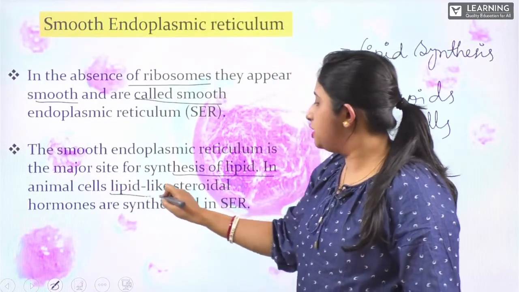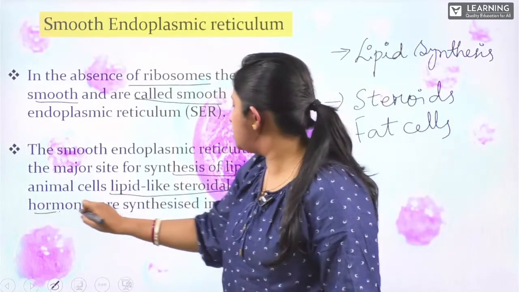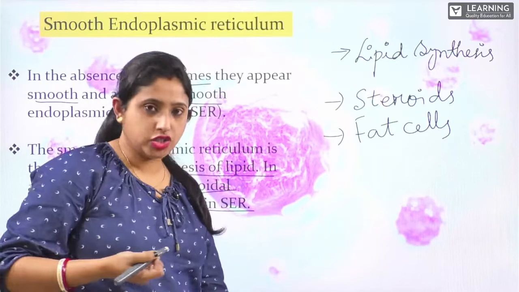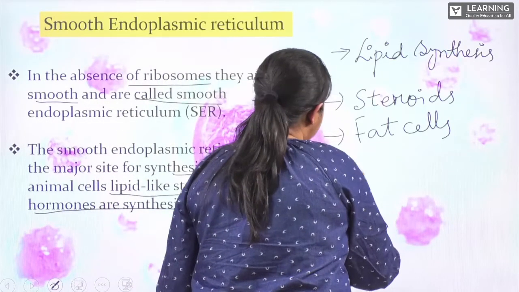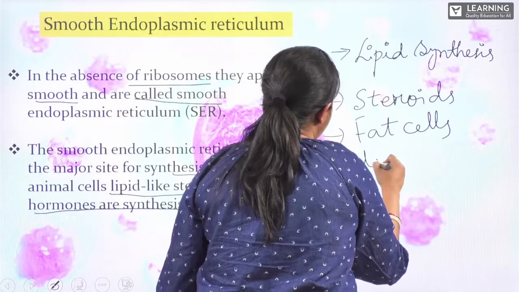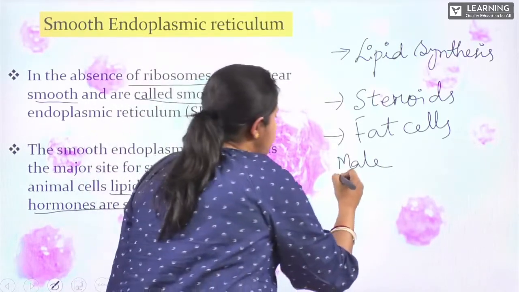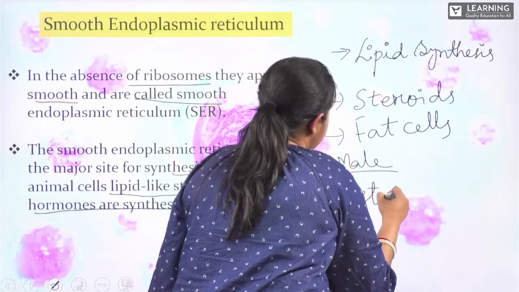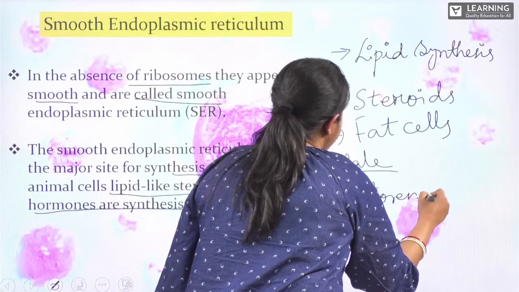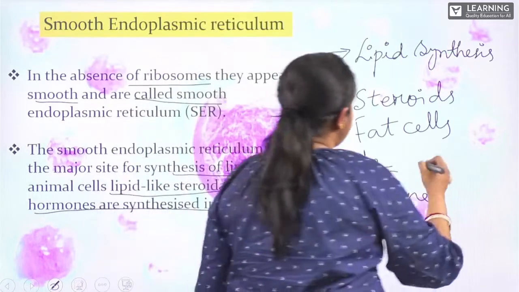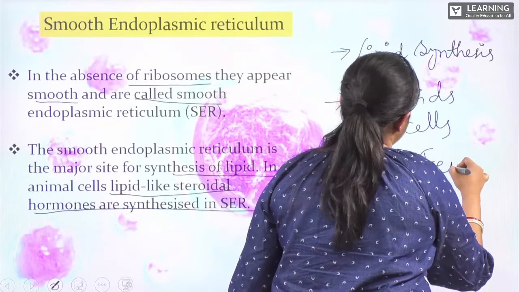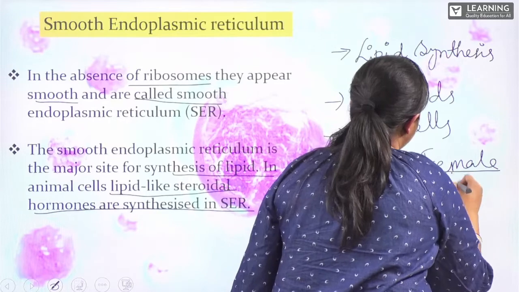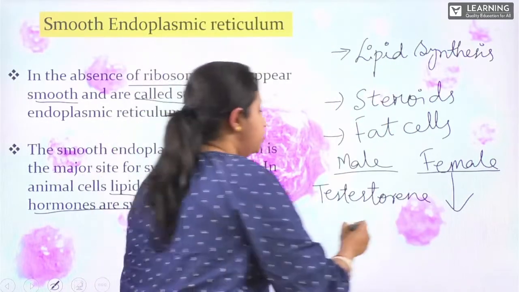In animal cells, lipids like steroidal hormones are synthesized in the SER. In animals, we have various steroid hormones. What is the steroid hormone in the case of males? Testosterone. And in the case of females, what are the various steroid hormones?